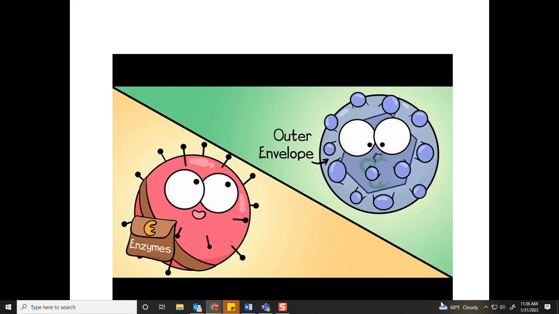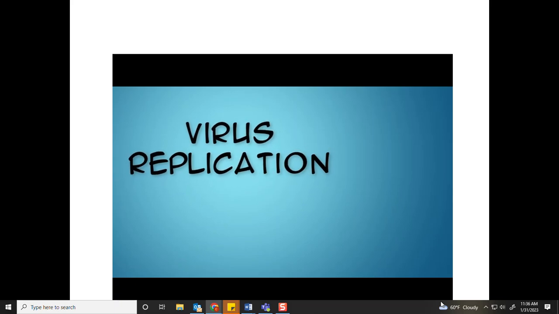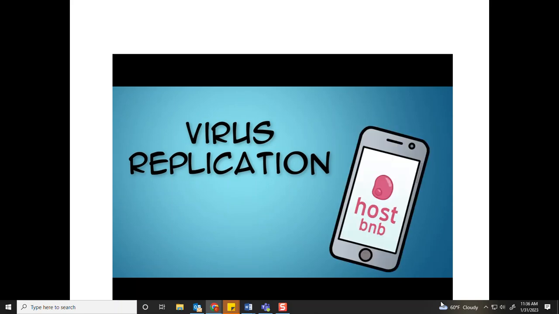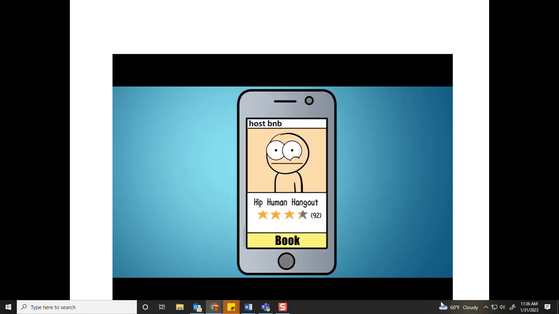These additions can be useful to the virus in virus replication. One thing that makes virus replication or reproduction unique is that they can't replicate without a host. And it's their reproducing that tends to be a problem for its host, whether the host is you, in the case of the common cold, or an insect, plant, or bacterium.